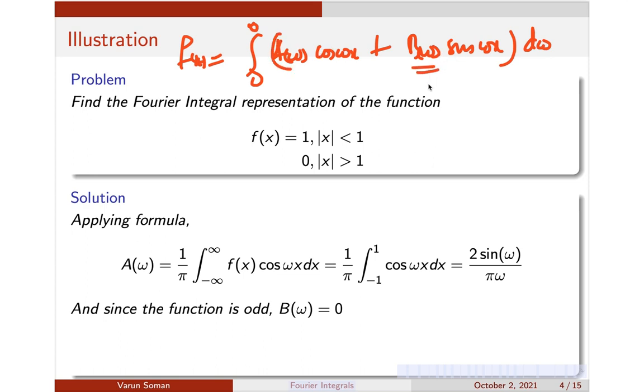Your b omega is 0, so it will simply become integral 0 to infinity, a omega is 2 by pi omega, so 2 by pi into sine omega cos omega x by omega d omega. Don't take this omega outside. This is not a constant in this integral. Only these are constants. So this is the integral representation of f of x. Okay, I hope it is clear.